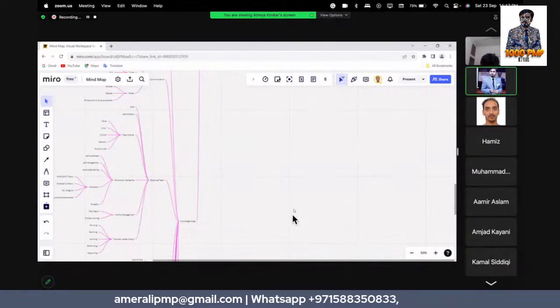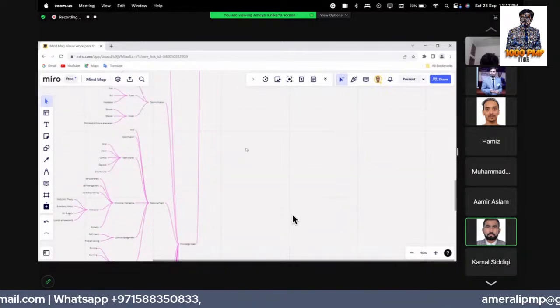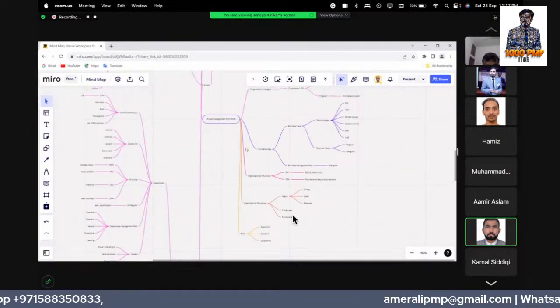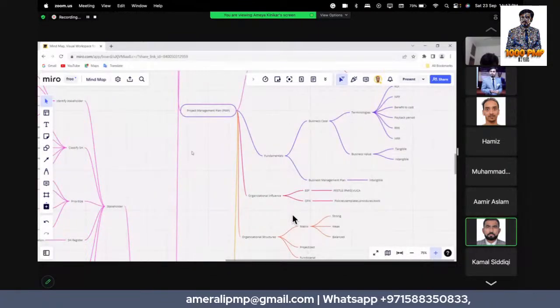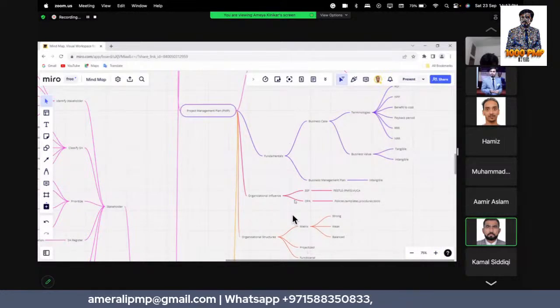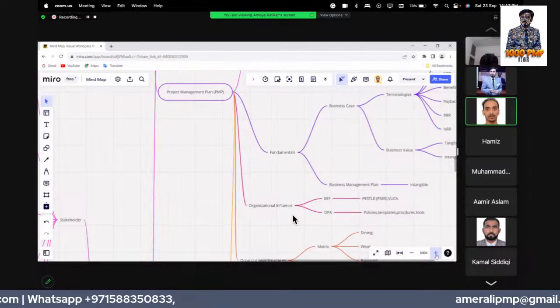Please continue. Okay, yes, I will start. Please zoom in on fundamentals. I'm unable to read actually. Is it okay now? Okay, yes.